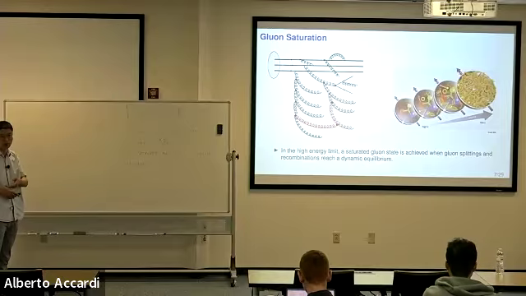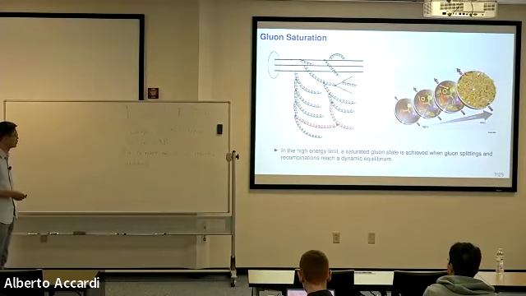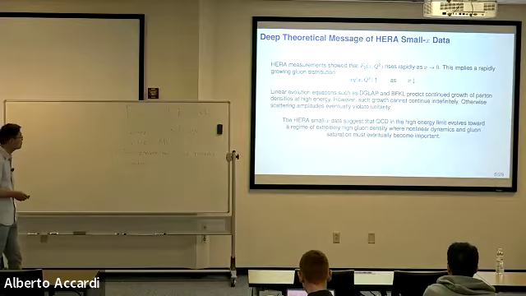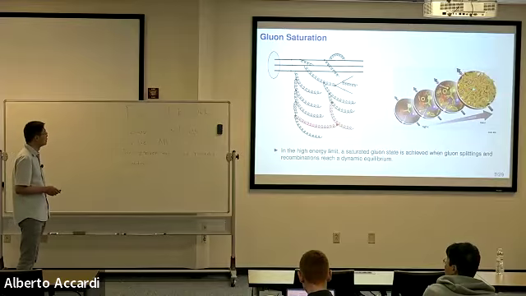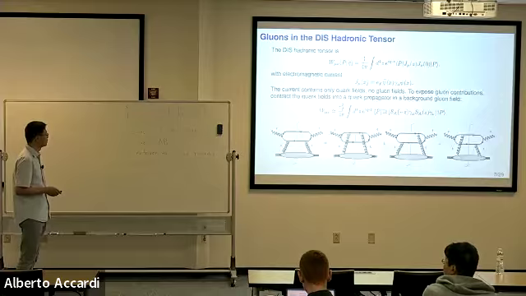The splitting increases the number of gluons, and the recombination decreases the number of gluons. That's when the balance is achieved. That's what theoretically people expect to be the gluon saturation. It's like a general picture.